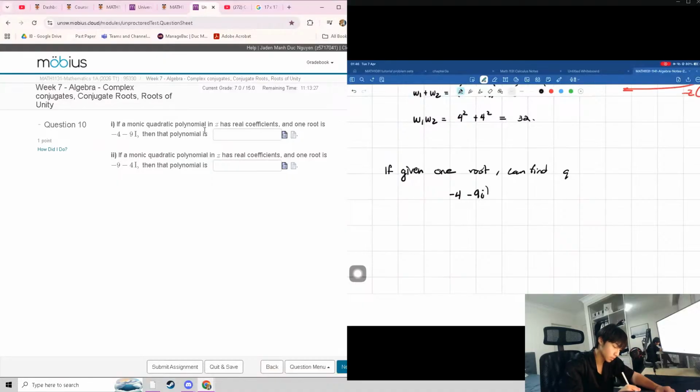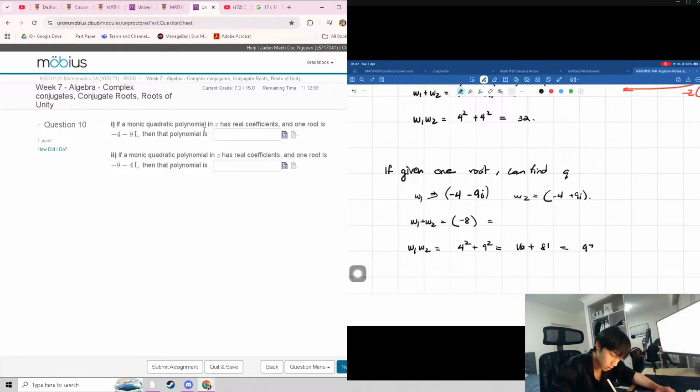So this is W1, then W2 is this. And so W1 plus W2 is minus 8. And then W1 times W2 is 4 squared plus 9 squared, which is 16 plus 81, 97.